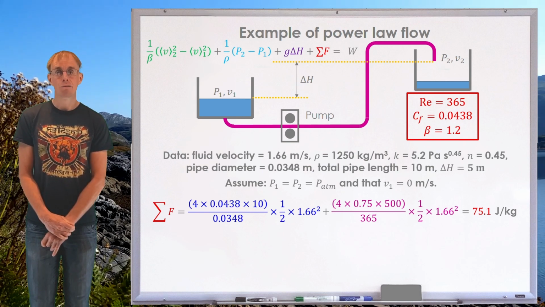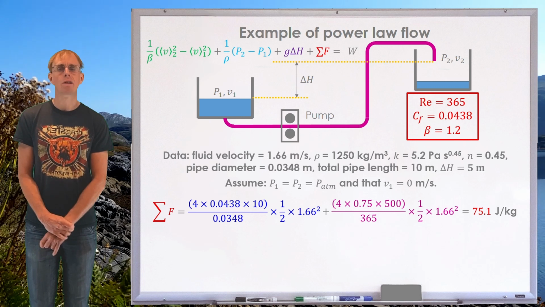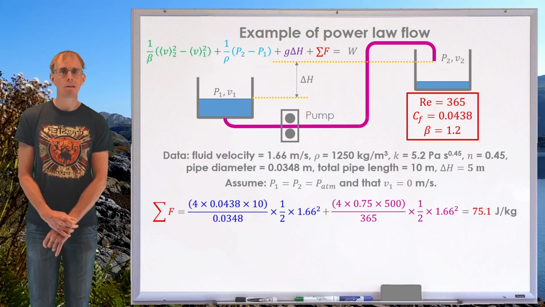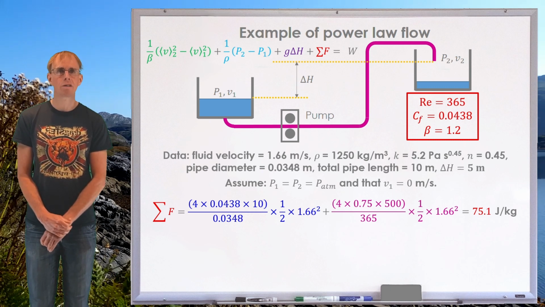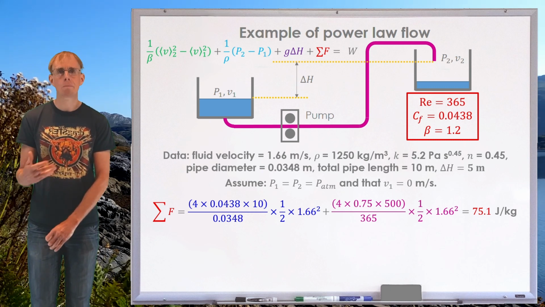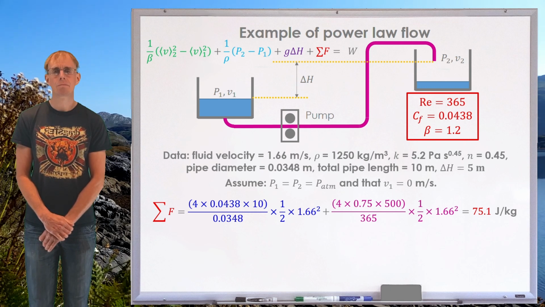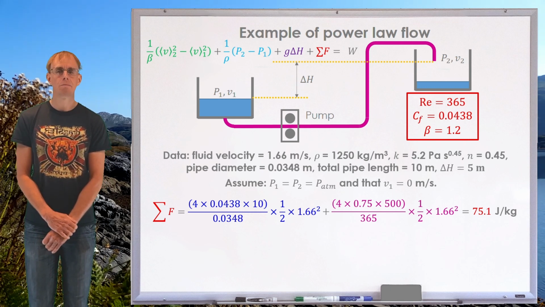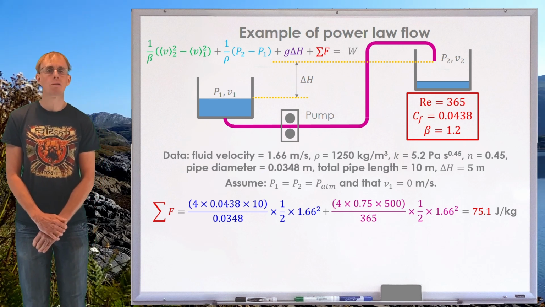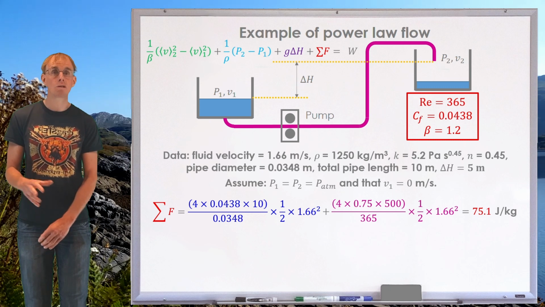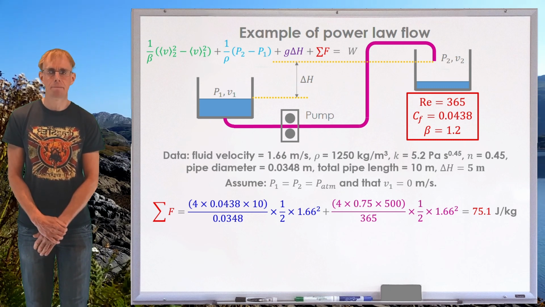And there's 4 bends, so 4 times 0.75 takes into account the number of the bends. That 500 over 365 is the correction required due to this lower power law Reynolds number. And then it's times a half V squared, a half times 1.66 squared. And we can see that the sum of all the frictional losses now gives us about 75 joules per kilo, which is a good deal less than what we saw last time.